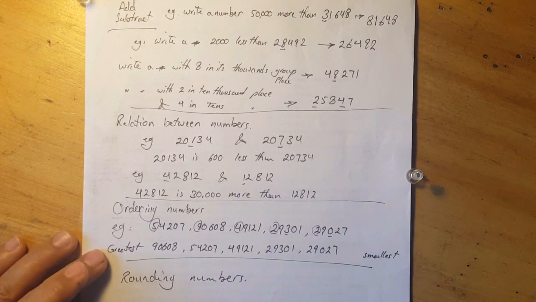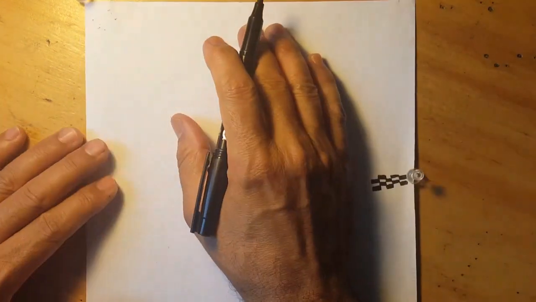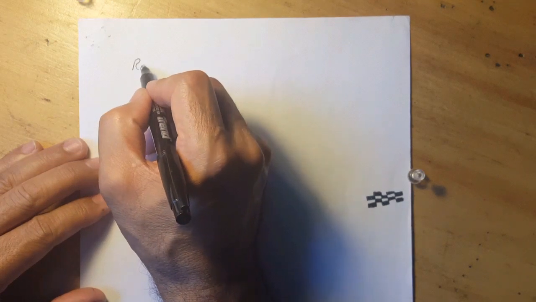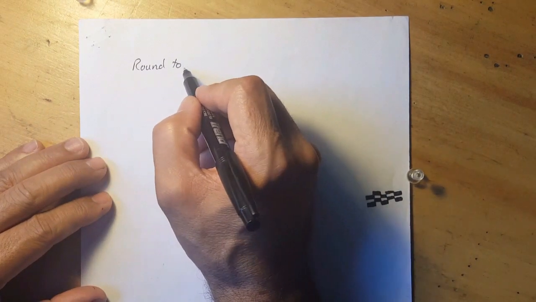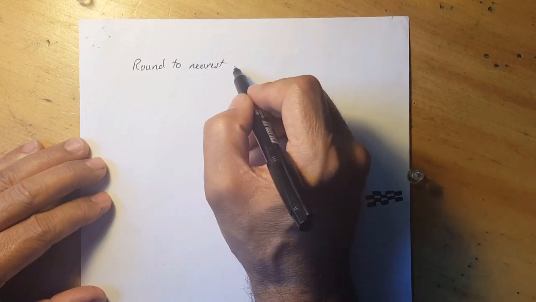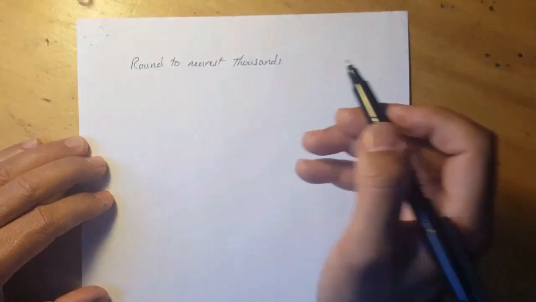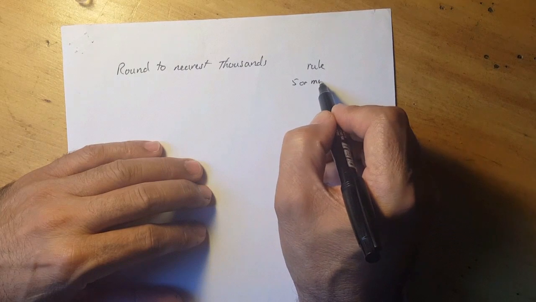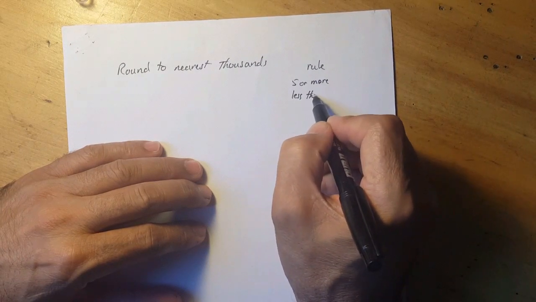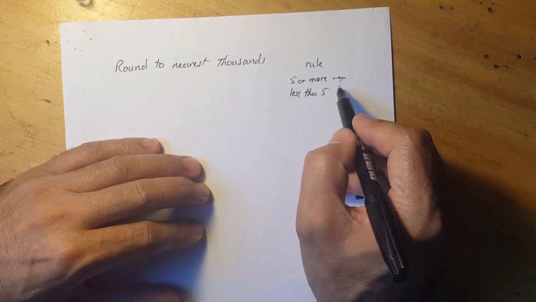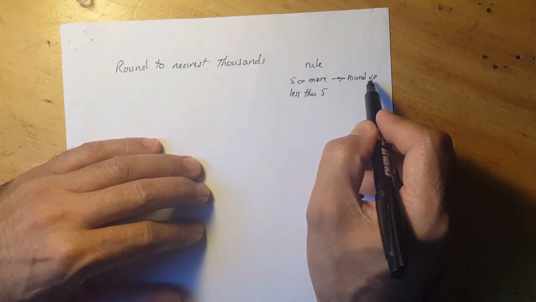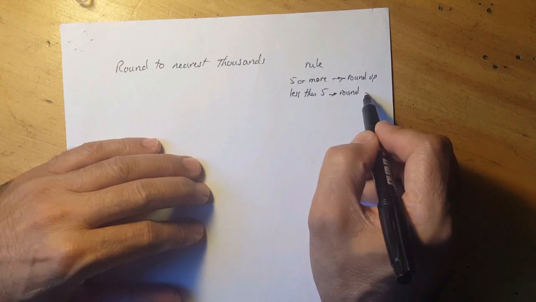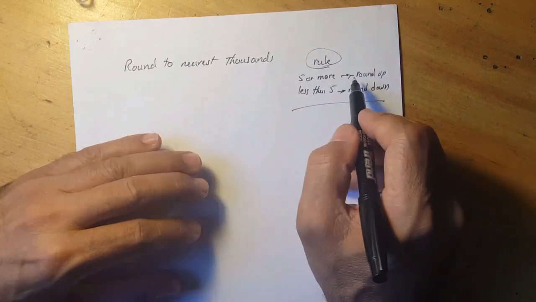Rounding numbers is the next matter. For example, we want to round a number to the nearest 1,000. We have a rule: if the digit being considered is 5 or more, we round up, and if it is less than 5, we round down.